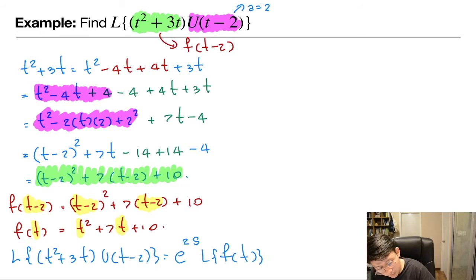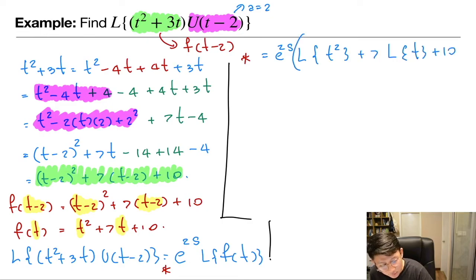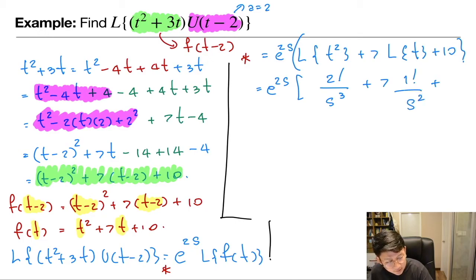So let me continue here. It is e to the minus 2s times the Laplace transform of t squared, plus 7 times the Laplace transform of t, plus 10, and that will be e to the minus 2s times 2 factorial divided by s cubed plus 7 times 1 factorial divided by s squared plus 10.